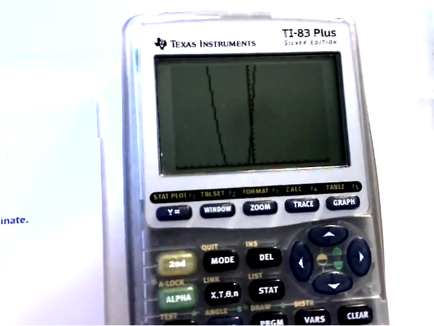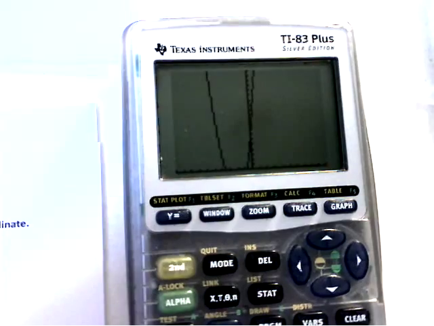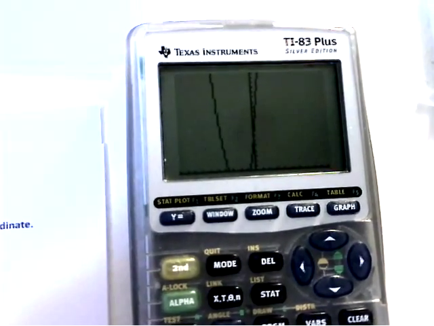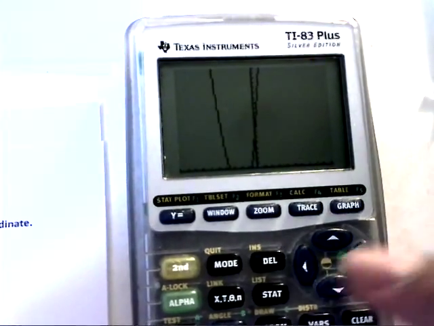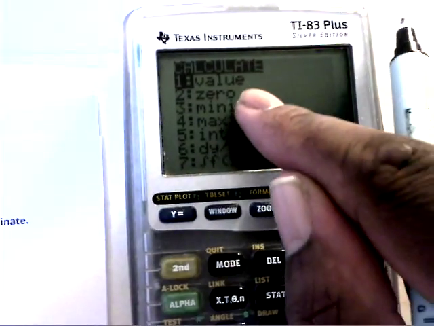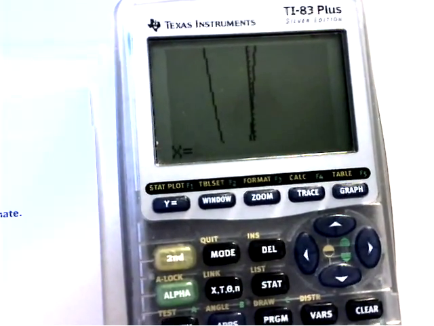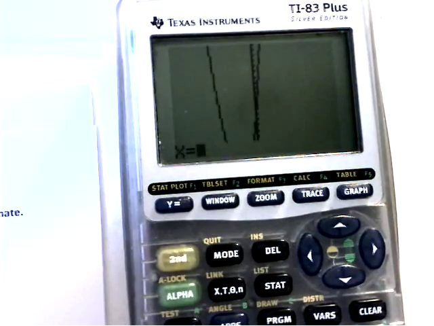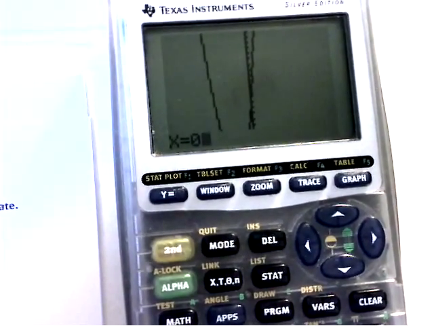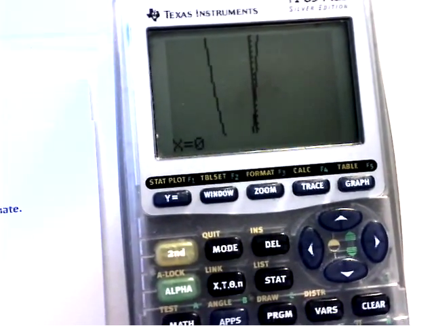Now, just like we did in the last problem, the y-intercept is the point that crosses the y-axis when x is equal to 0. So let's press second, trace, and then select number 1 for the value. For our x value, we're going to enter 0, because the y-intercept is always the ordered pair 0 and whatever that y-coordinate is.